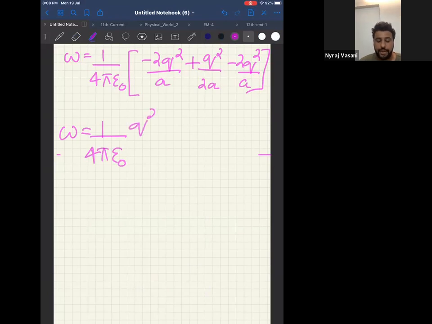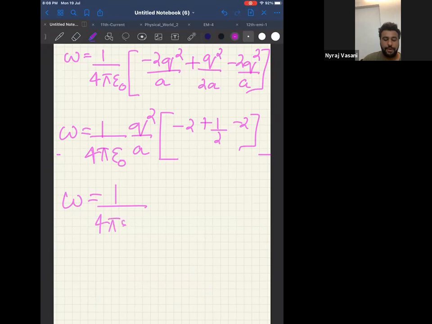Q square by A also I can take outside. Therefore, inside I will have minus 2 plus 1 by 2 minus 2. Therefore, W is equal to 1 by 4 pi epsilon naught into Q square by A, into minus 4 plus half inside the bracket.